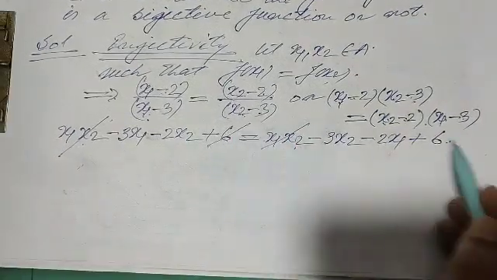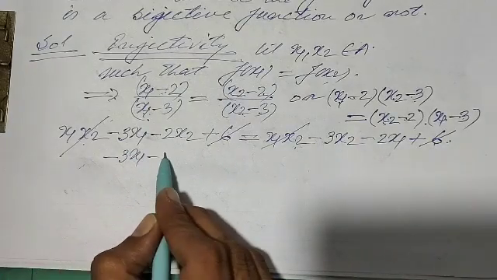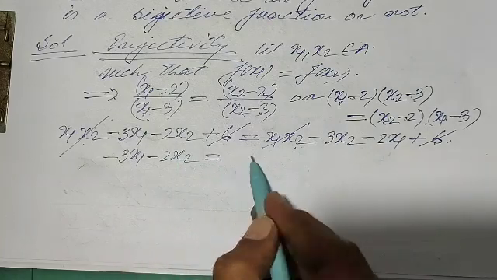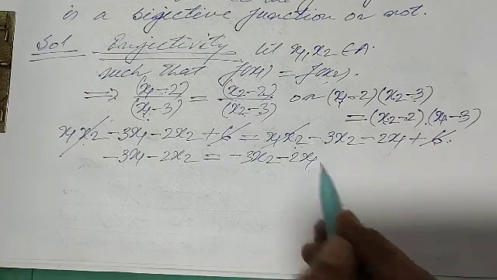Similarly, plus 6 on either side will be cancelled. We are left with minus 3x1 minus 2x2 on the left and minus 3x2 minus 2x1 on the right.